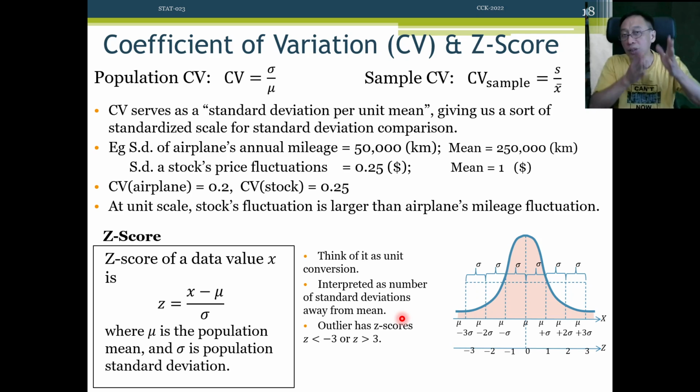Because if the data fluctuates a lot, then SD is large and the Z-score is correspondingly divided by a large number and becomes a small number. So for any set of data, no matter how wild or how little they fluctuate, your Z-score cannot get beyond 3 and -3. In absolute value, it cannot go beyond 3 most of the time, right?